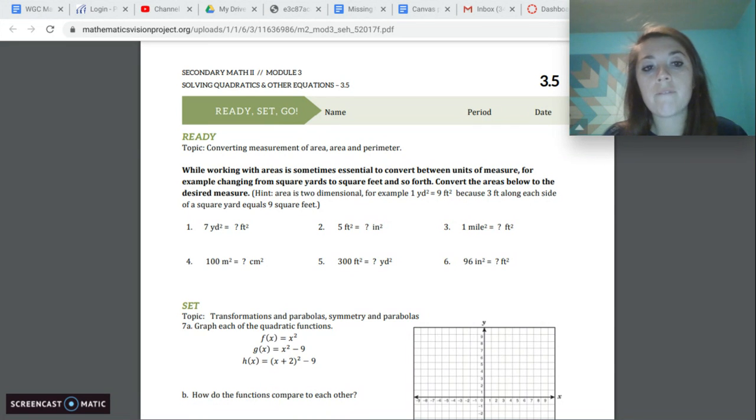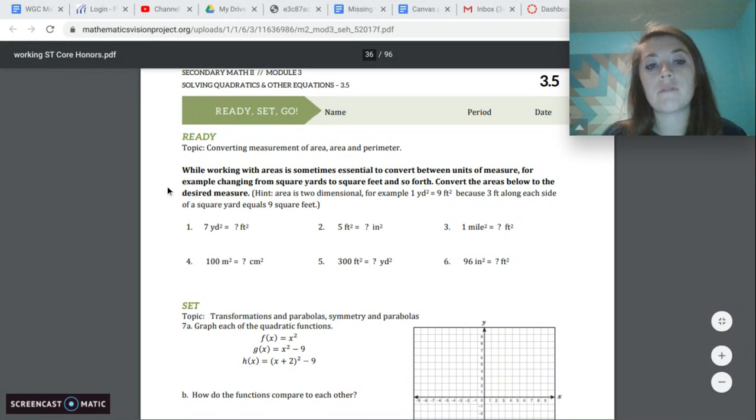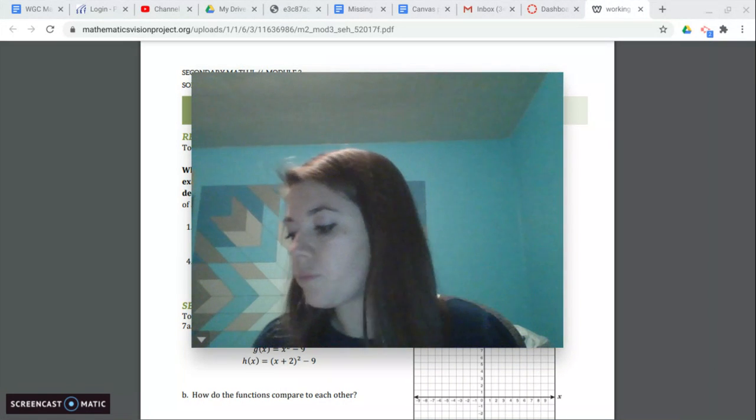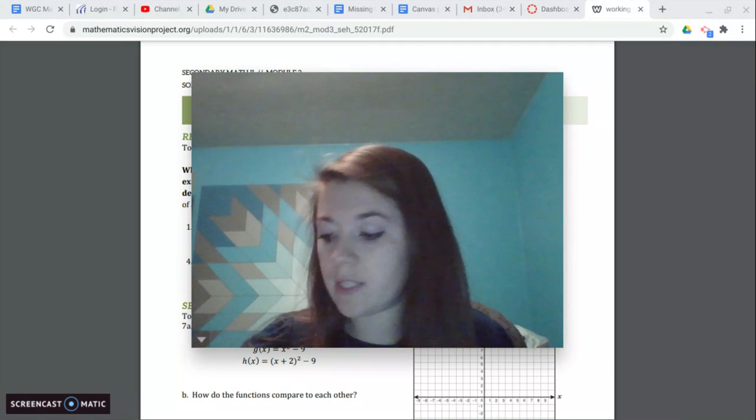So for the first one, number 1, we have 7 yards squared equals blank feet squared. So we're converting between yards and feet.